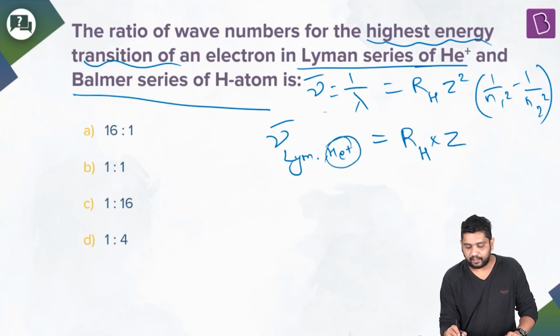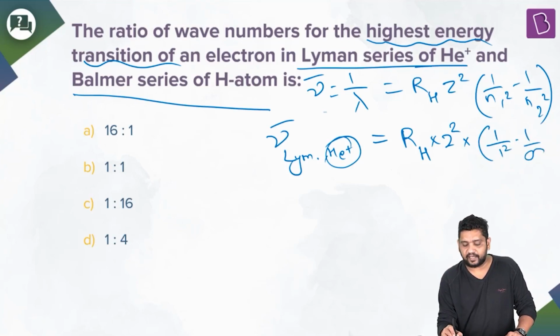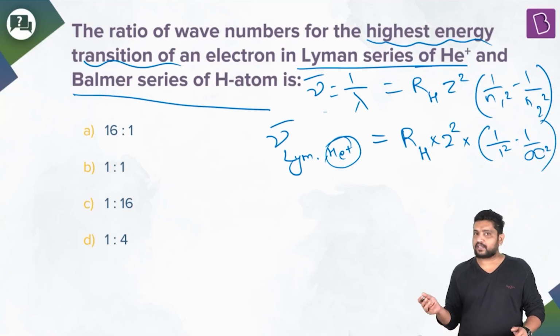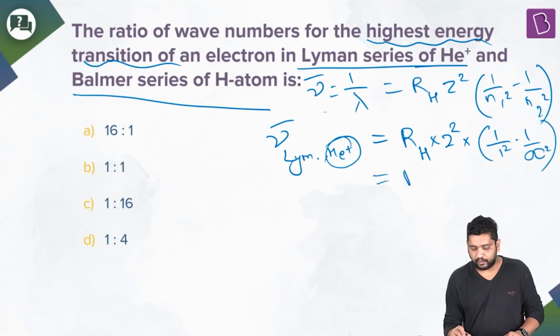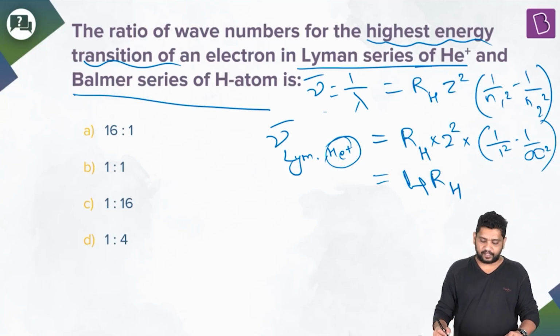Helium atomic number is 2, so into 2 square into 1 by 1 square minus 1 by infinity square. Of course, 1 by infinity square is 0 and 1 by 1 square is 1. So this is going to be equal to 4 into RH.